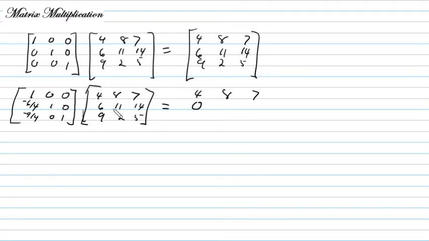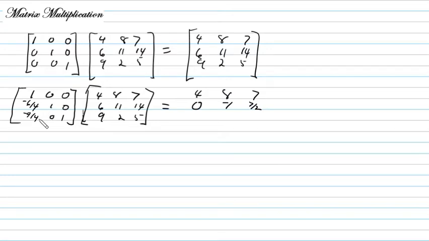So I hope I'm not making any little errors here. If I am, please tell me about it, no? And then here it's minus 6/4 times 7 plus 14, and we get 7/2.